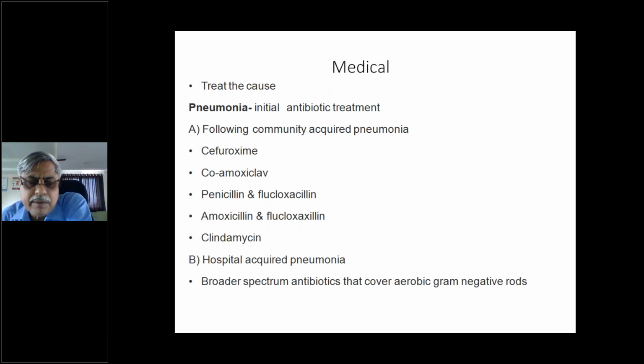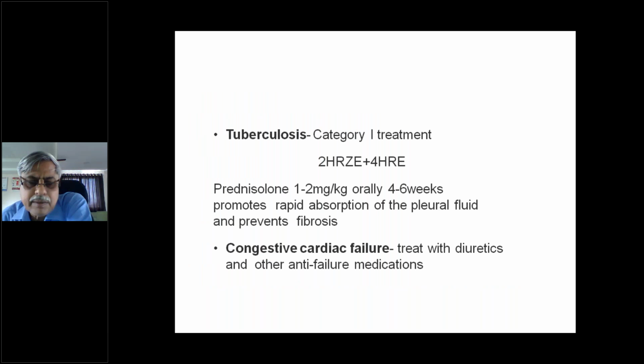For pneumonia, antibiotics, we can give ciprofloxacin, amoxicillin, clindamycin, and for hospital acquired, all this we can give. Tuberculosis, category 1 treatment you have to give. What is this treatment? 2 HRZE means for 2 months you have to give all these 4 drugs: isoniazid, rifampicin, pyrazinamide, and ethambutol.